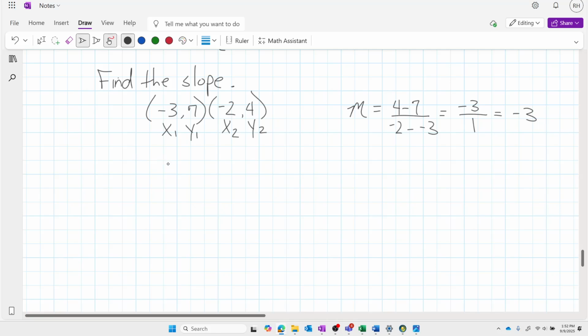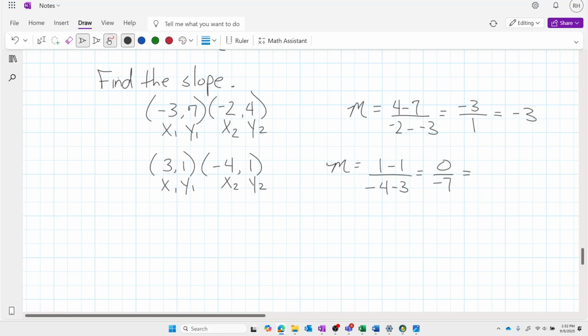Let's find the slope of a line that passes through 3, 1 and -4, 1. So our slope is equal to 1 minus 1 divided by -4 minus 3, which is 0 over -7.